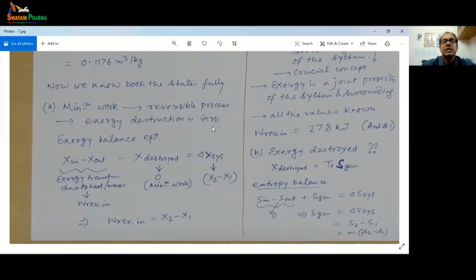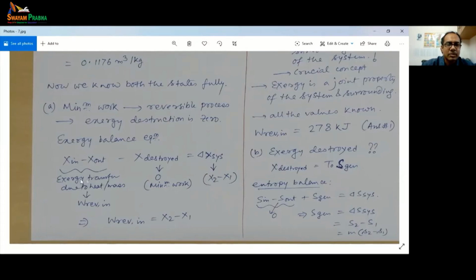So the signature of reversible work is that exergy destruction will be 0, or entropy generation will be 0. If we write the exergy balance equation, here also, unlike mass and energy, exergy can be destroyed.